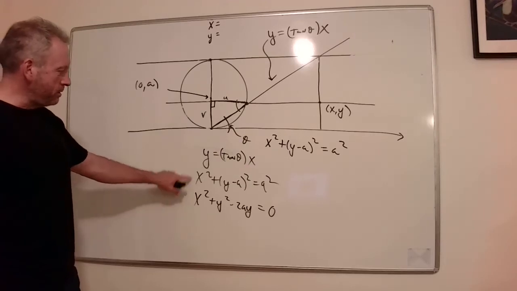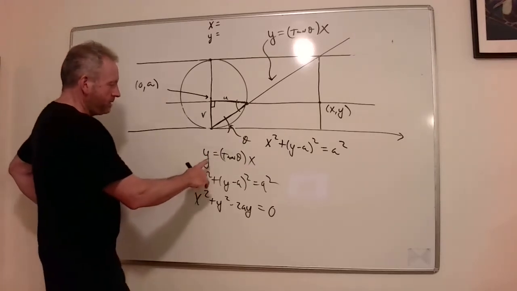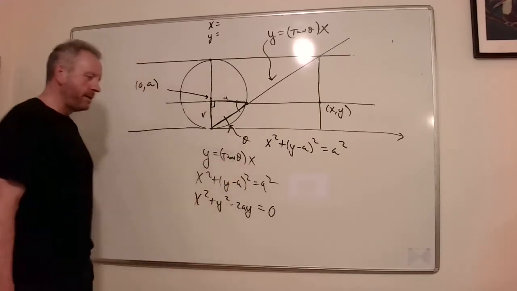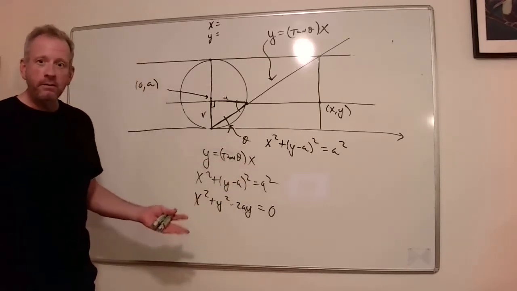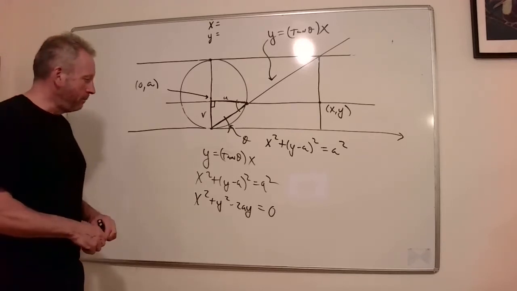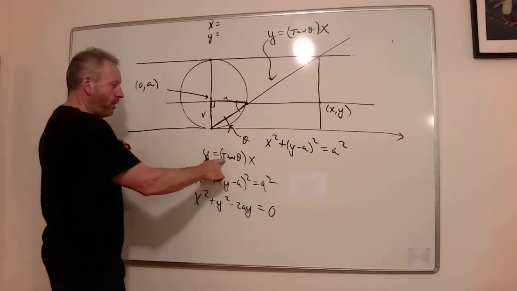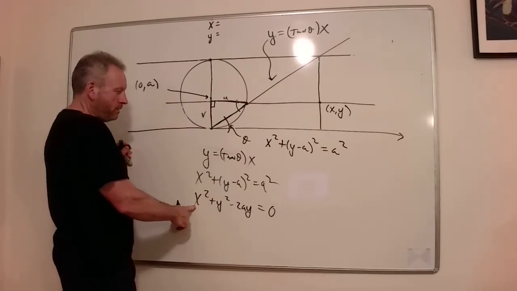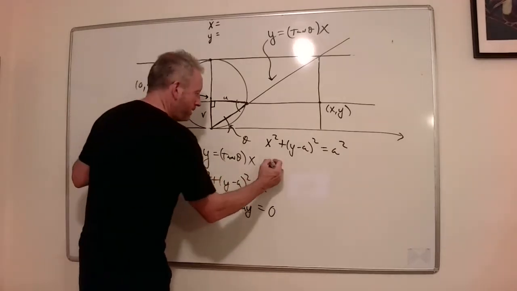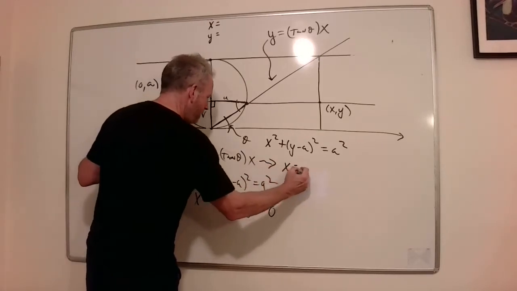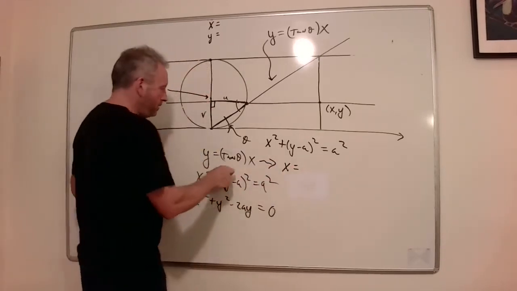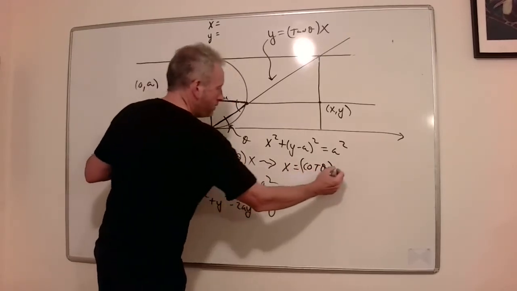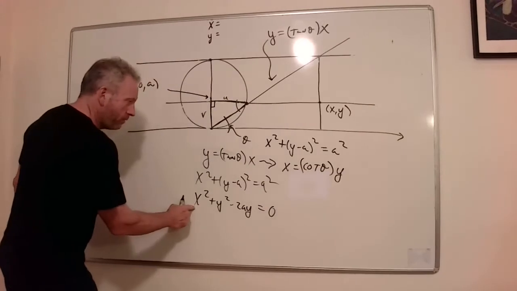I want to make a substitution. Now the question is, I could substitute this in for y here, or we could solve this for x and substitute it in there. I don't really like the look of either one. But I guess if I had to, let's solve this for x, and then we make this one substitution right here. So let's go ahead and do that. From this, we get x is equal to, we'll divide both sides by tangent, so we'll get cotangent theta times y, and that'll go down in here for x squared.